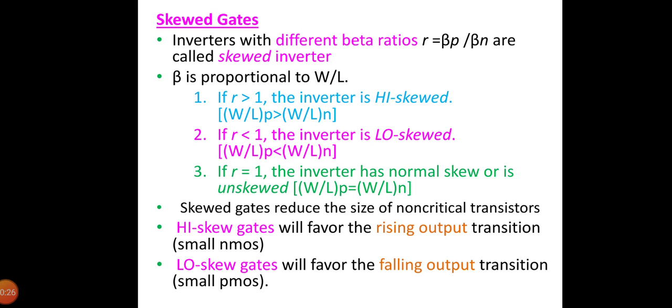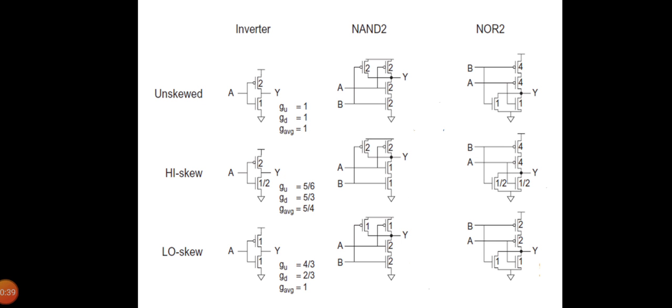Skewed gates reduce the size of the non-critical transistors. High skew gates will favor the rising output transition for small NMOS, and low skew gates will favor the falling output transition for small PMOS. This diagram shows the logical efforts for unskewed, high skewed and low skewed values.